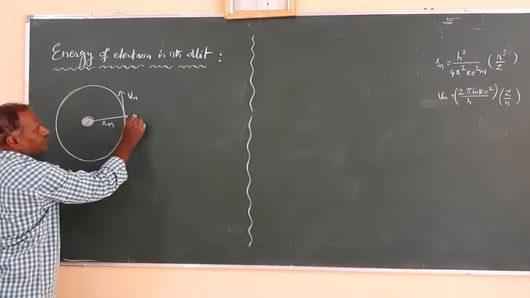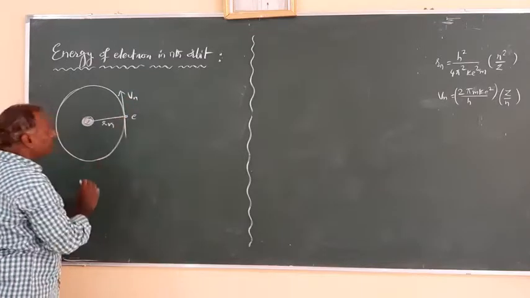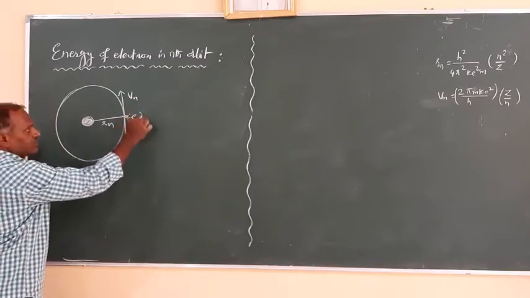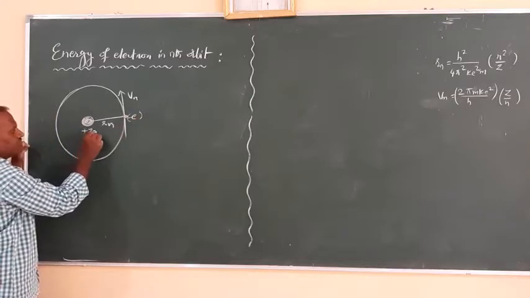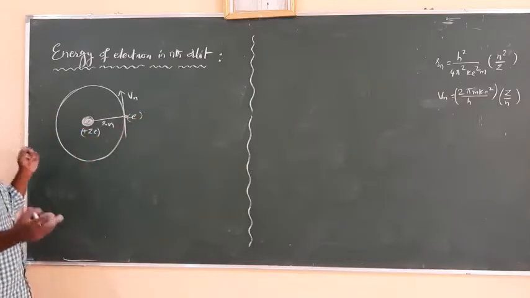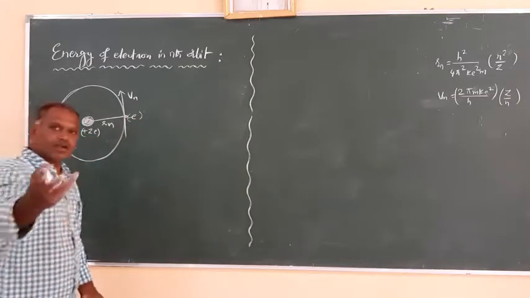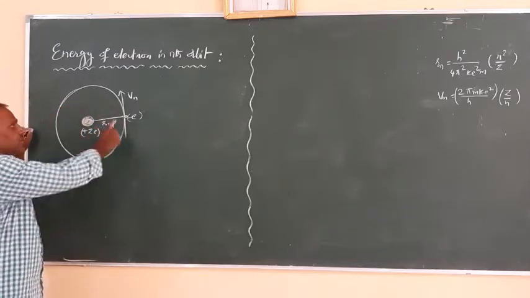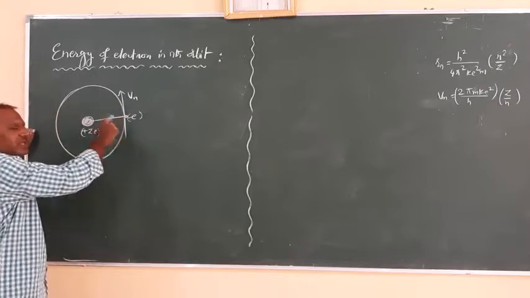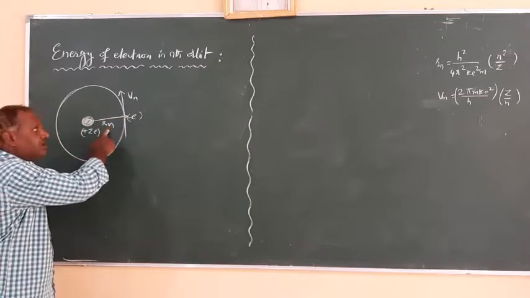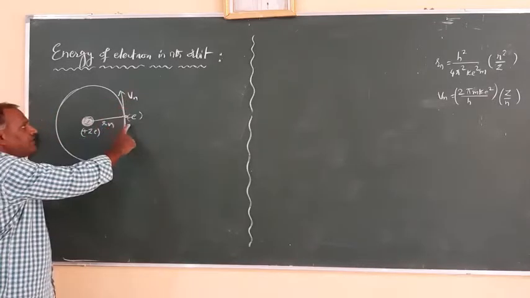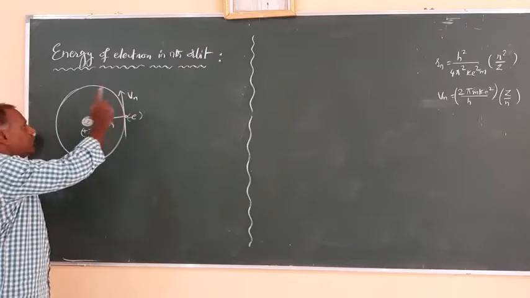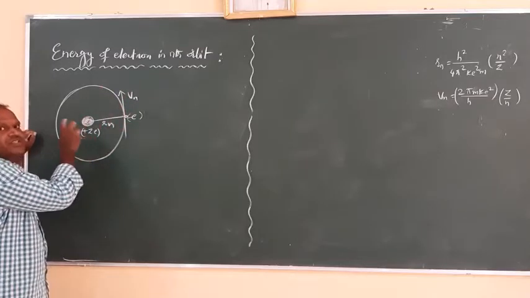The charge of the electron is minus e, the charge of the nucleus is plus Ze, and the mass of the electron is m. So consider an electron revolving in the nth orbit with radius Rn, velocity Vn, electron charge minus e, and nucleus charge Ze.